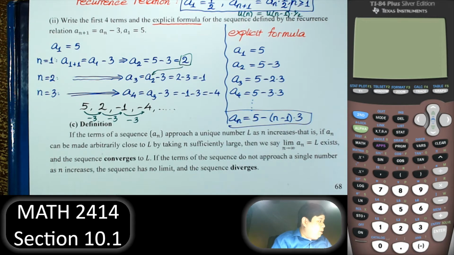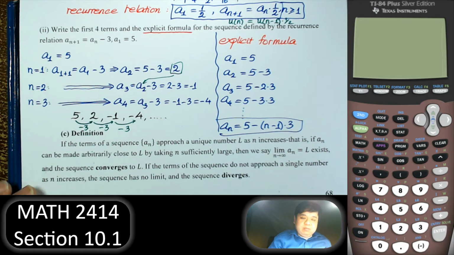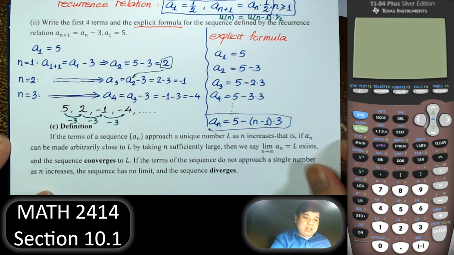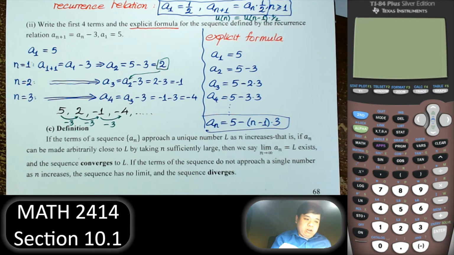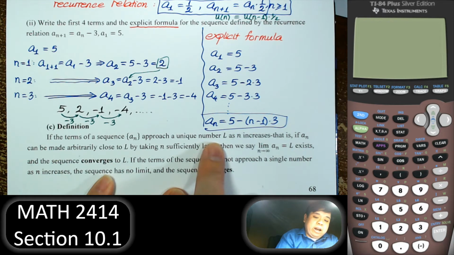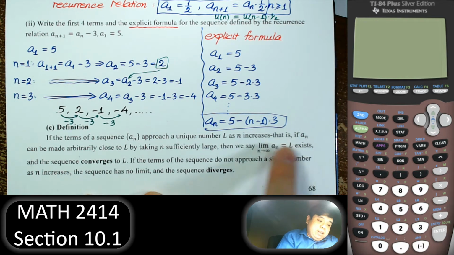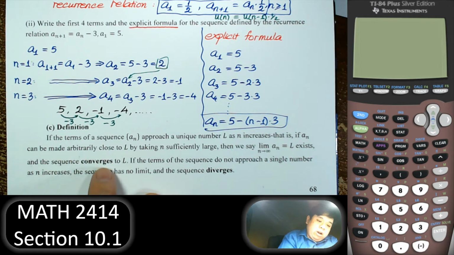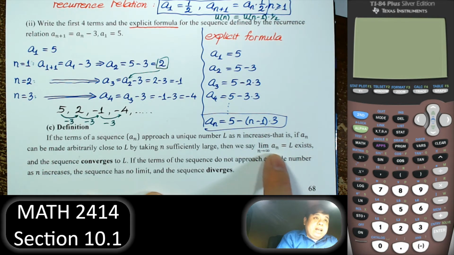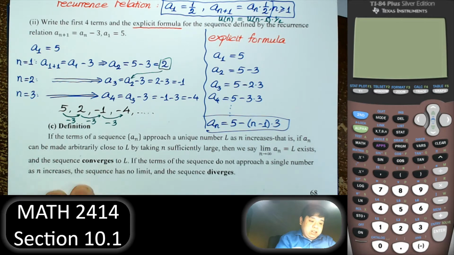Now, definition. Now we just get to a little calculus here. All of that is just course algebra, pretty much. Now, if a term of a sequence approaches a unique number L as n increases, that is, if a sub n can be made arbitrarily close to L by taking n sufficiently large, then we say the limit as n goes to infinity equals L. And if such an L exists, then we say the sequence converges.